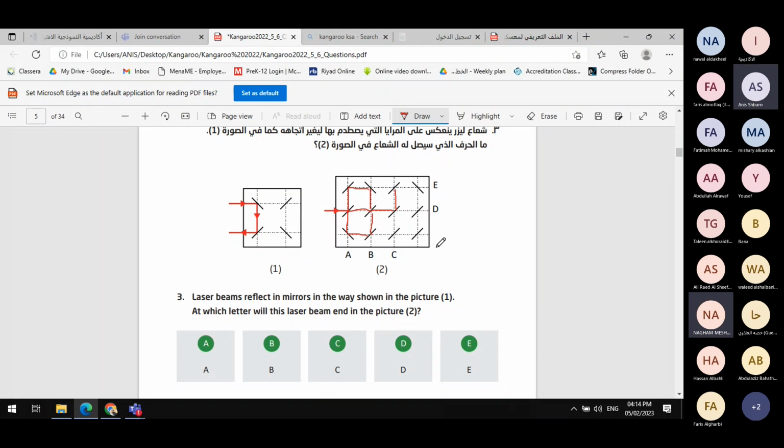Then beside it. Then below it. Then next to it. Then below it. Then beside it. And it will go out from which point? B. Great. Thank you so much, Nagam.